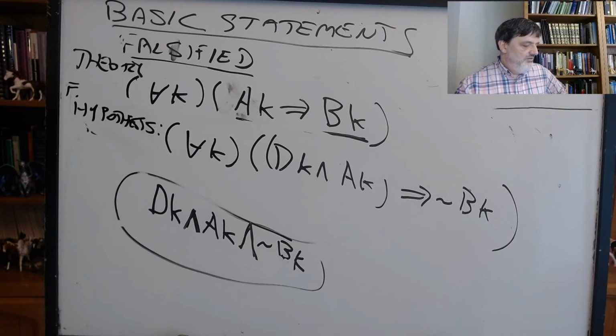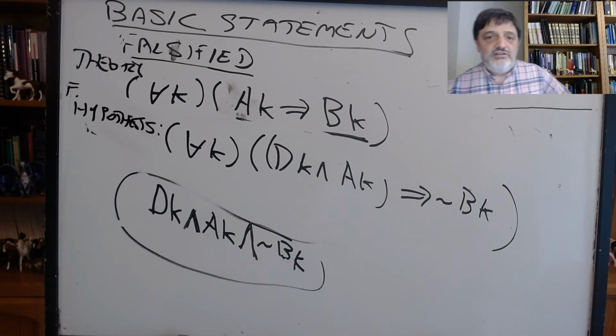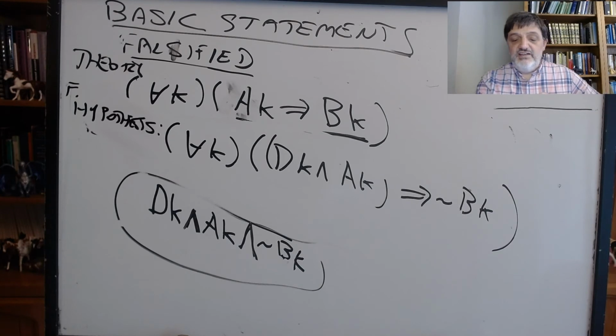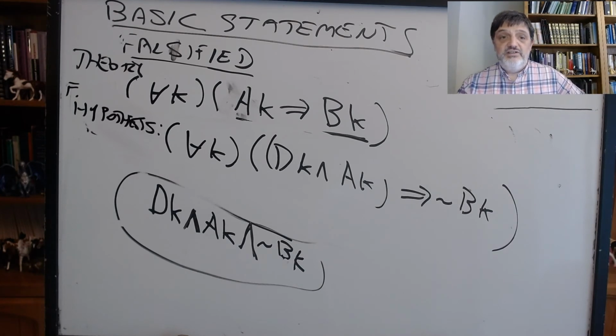Now, the falsifying hypothesis is not actually inconsistent with the theory. For that matter, even the one I discussed before isn't inconsistent with the theory, right? No swans are white is consistent with all swans are white. They could both be true if there are no swans, right?